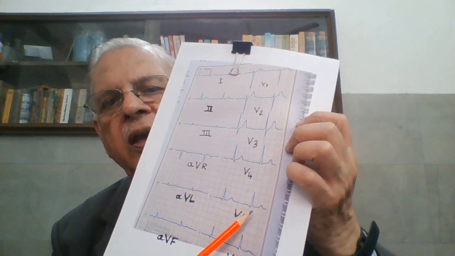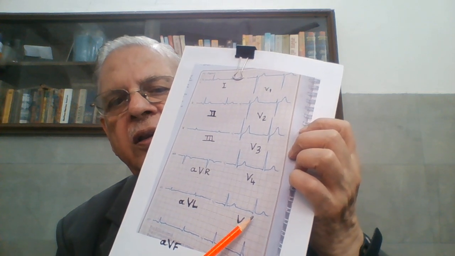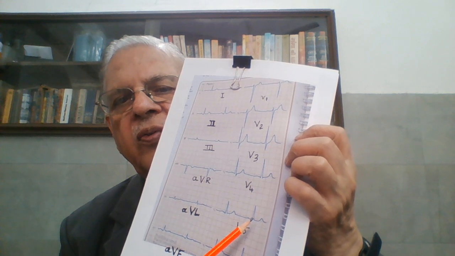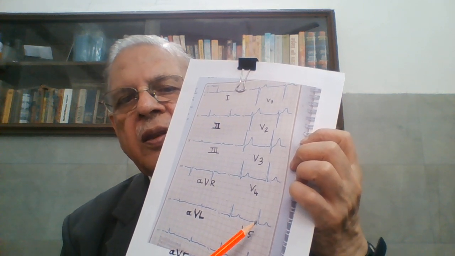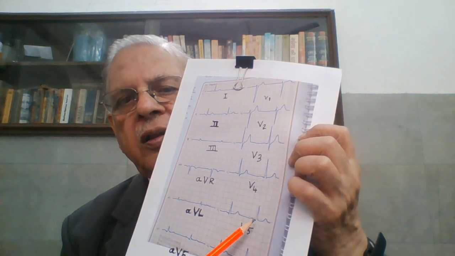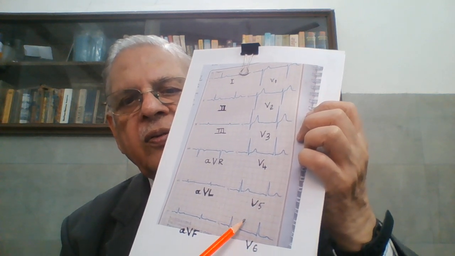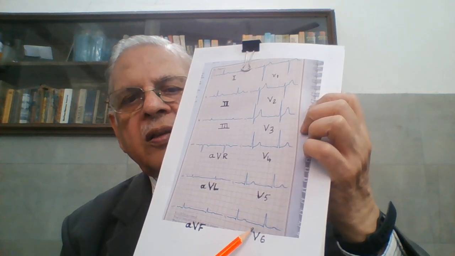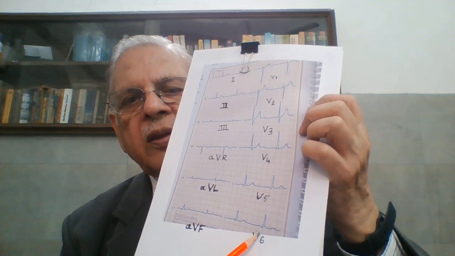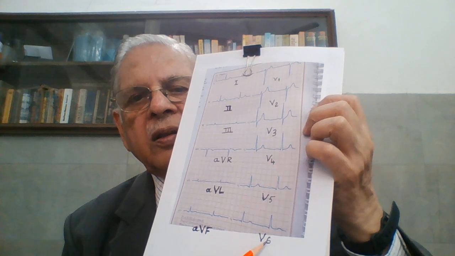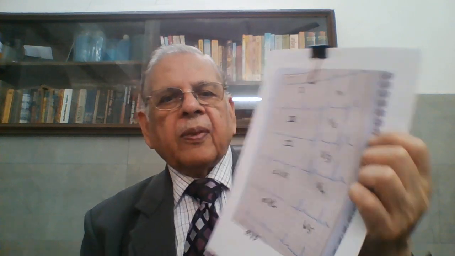Then we have the armpit, the anterior axillary fold, we call it, the muscle you can feel in your armpit in the form of a fist. This is V5, and then in the middle of the axilla or middle of the armpit you have lead V6.